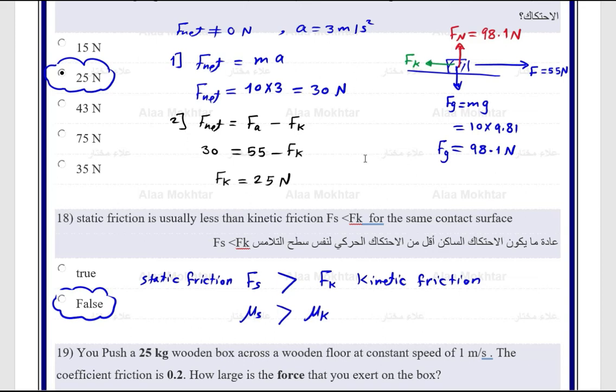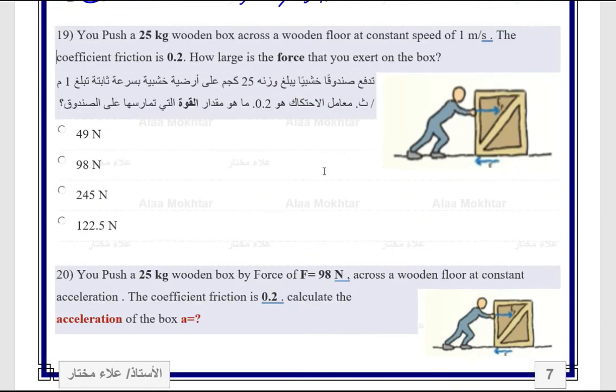The next question: you push a 25 kilogram wooden box, the mass is 25, across a wooden floor at a constant speed. What is the meaning of constant speed? F net equals 0, the right force equals the left force. Constant speed of 1 meter per second, v, speed or velocity. The coefficient of friction is mu k.